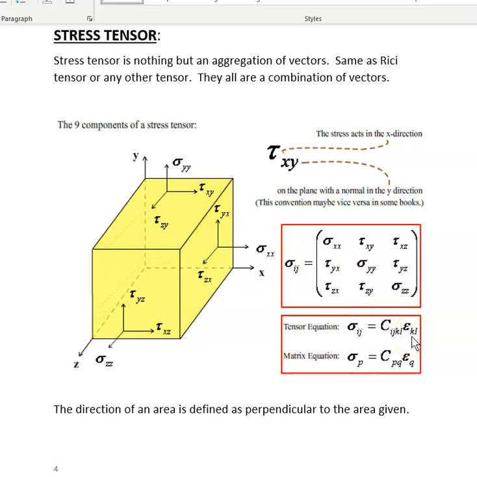So since it could affect any direction, we have to come up with another letter, and we call it k, and it could affect any area, so we have to come up with a fourth letter, and let's call that l. So now we have 4 letters, and then the parameter that combines these two forces or stresses should have 4 indexes.